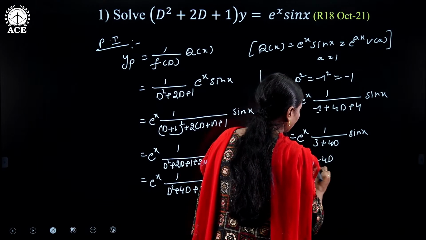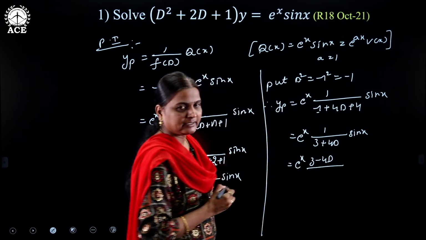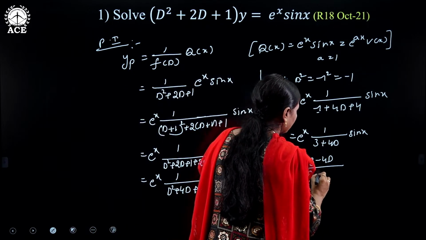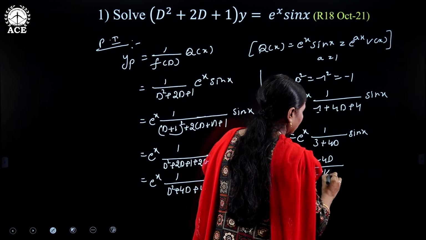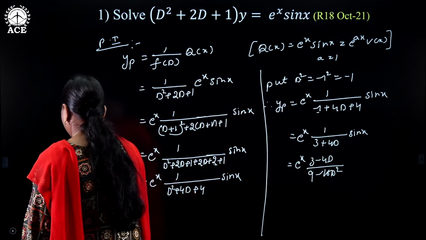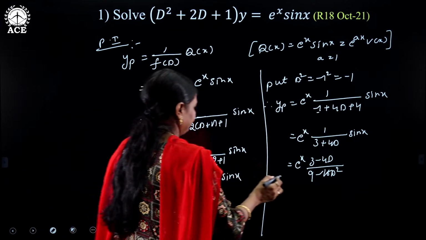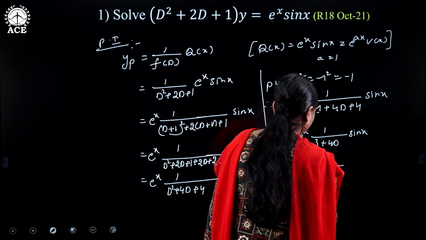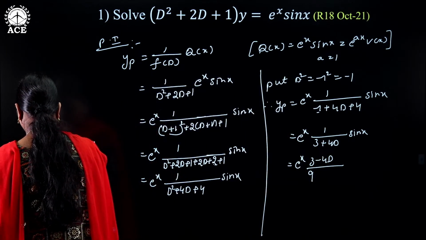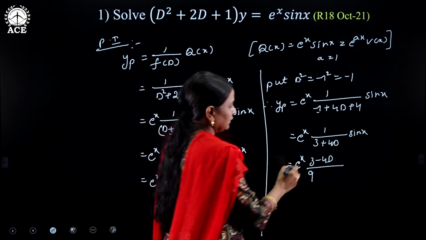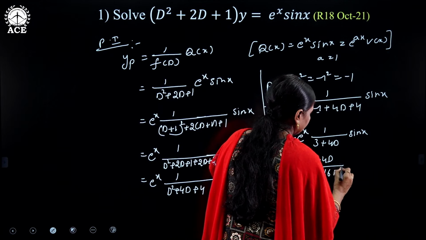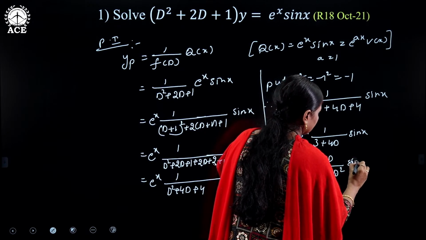So 3 minus 4D by denominator 3 plus 4D into 3 minus 4D, that is equal to 9 minus 16D square. So 3 square is 9 minus 16D square into sin x.